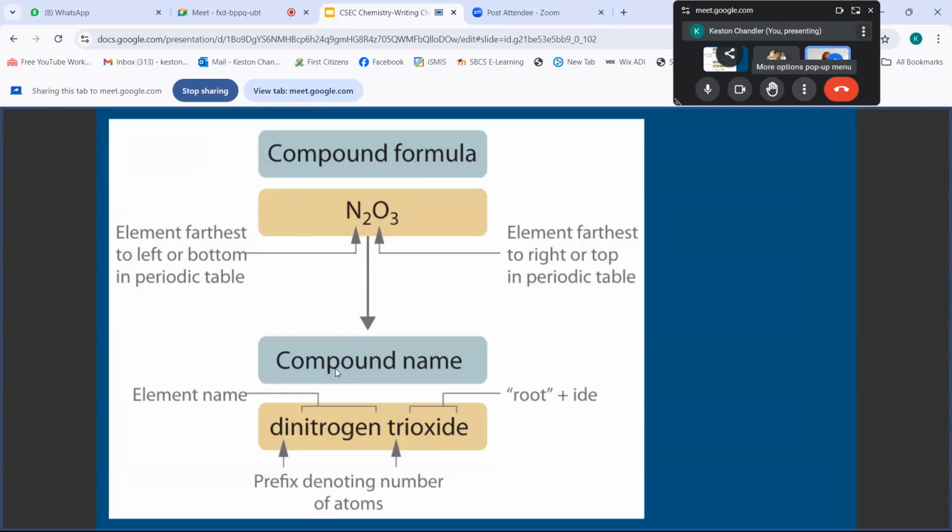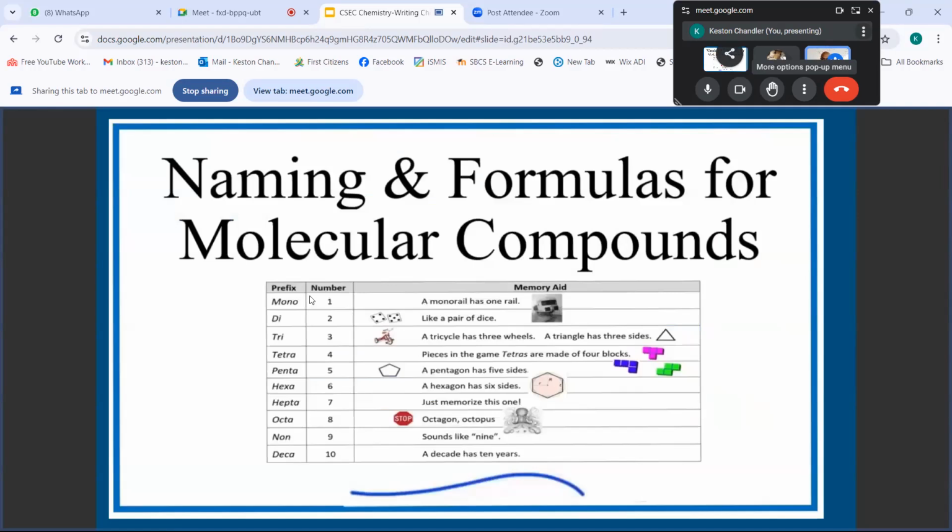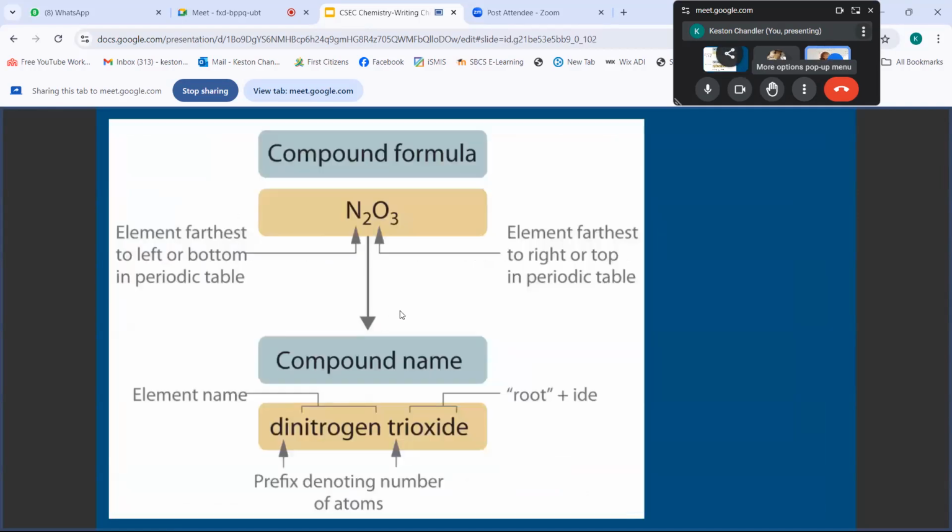Now, in terms of the compound name, we have the prefix. The prefix is based on the number of atoms we need here. So remember this last chart here, di is what we will use for 2, like a pair of dice. So we have dinitrogen, and then we go with the other prefix, which is 3. That's tri.